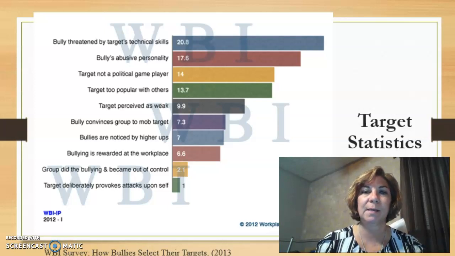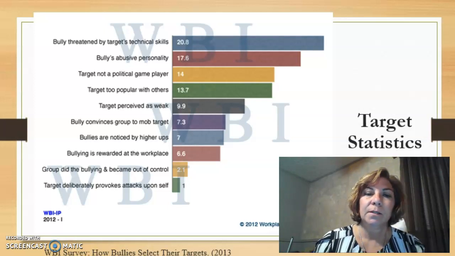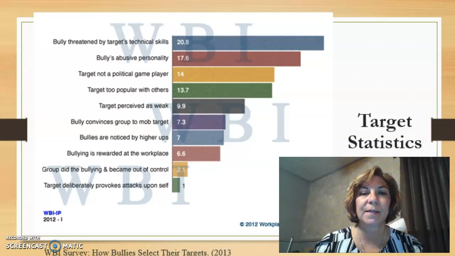So the bully sees them as an easy target and somebody that they can pick on, and kind of bring out their weaknesses, or bring to the forefront some of the different things with upper leadership, just to portray them in a negative light, whether it may be the correct information or incorrect information.